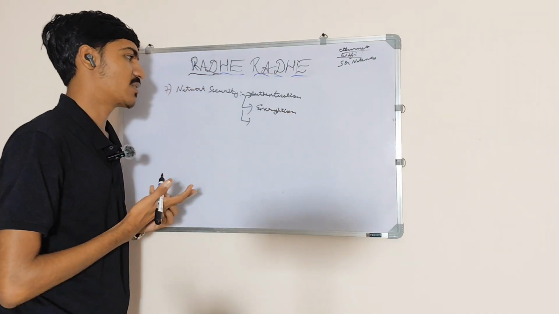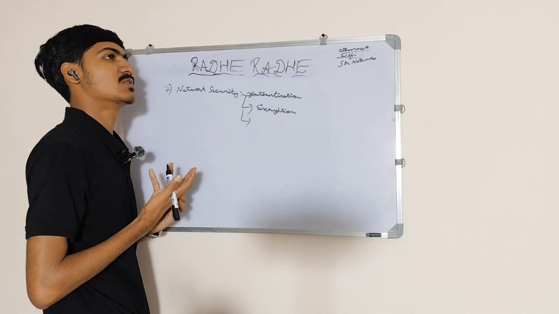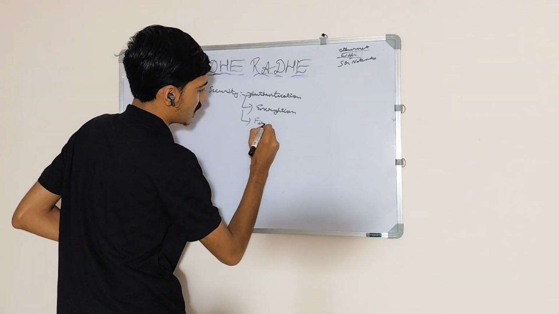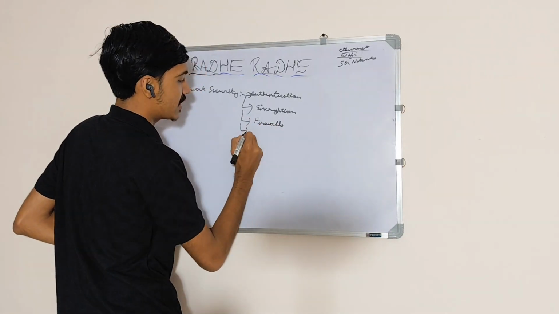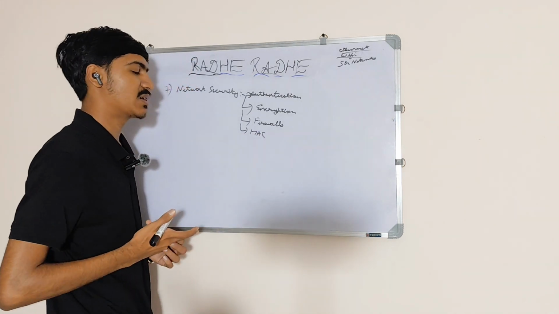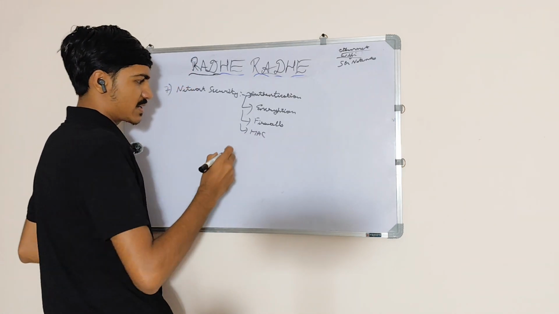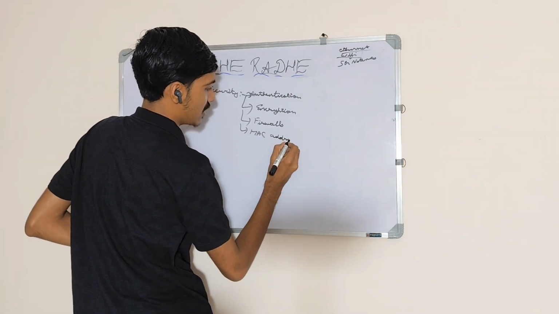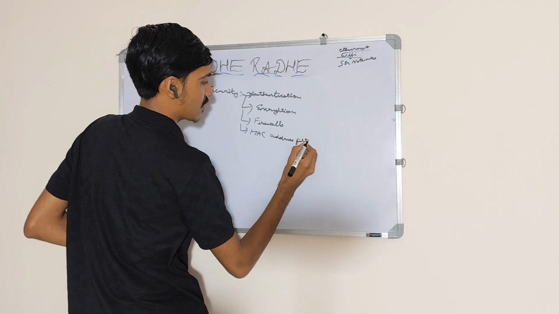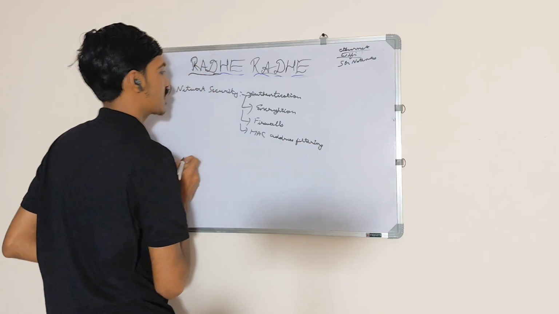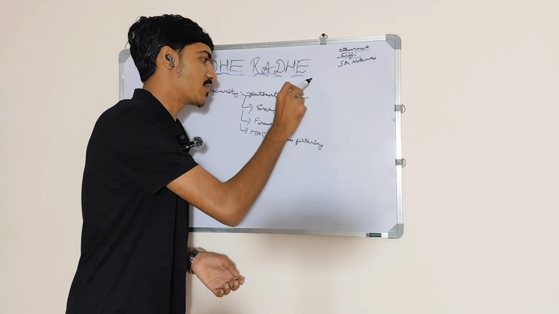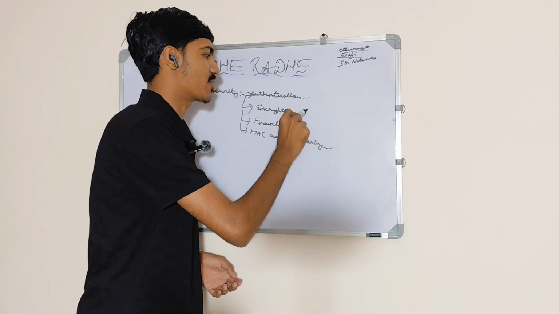We will also cover firewalls. And MAC address filtering. So these are network security methods. If you don't know this, your network won't be secure.